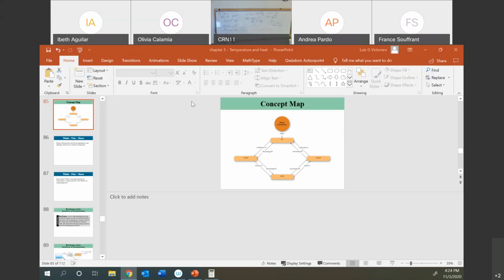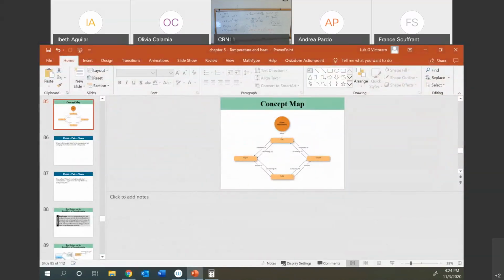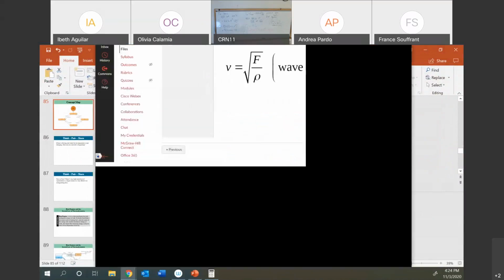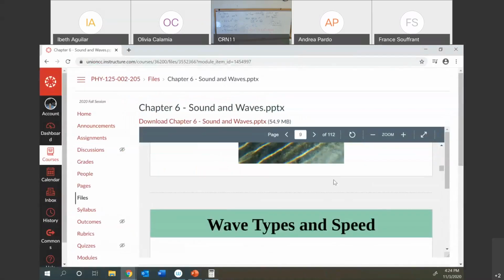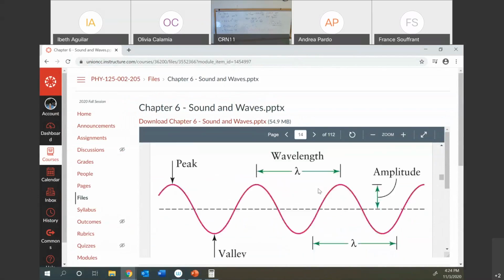The wavelength is, let's go to the later slides. So when we start talking about waves, here, there. A wavelength is the measurement between the valleys or the crests.